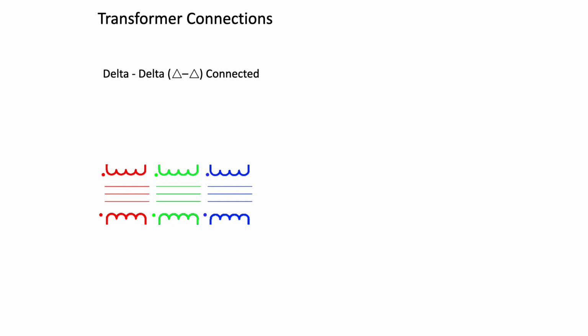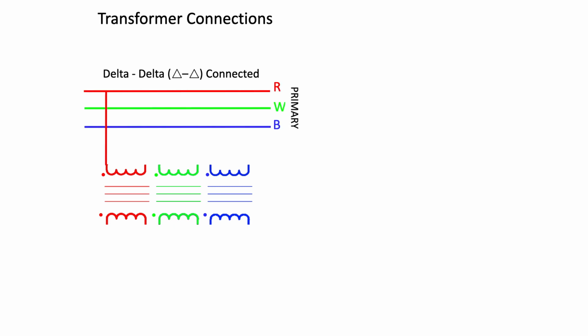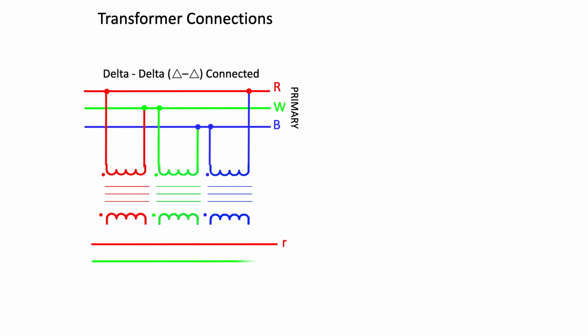Now let's look at a delta-delta configuration. In this configuration, one terminal of the primary terminals is connected to the system lines or buses. The other terminals are connected to the adjacent primary terminal. Similarly, one terminal of the secondary terminals is connected to the system lines or buses, and the other terminals are connected to the adjacent secondary terminal.